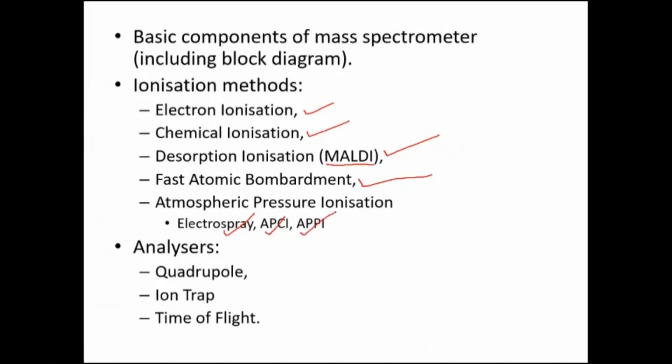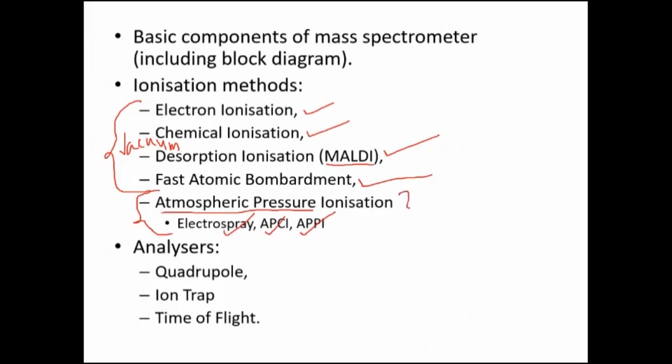pressure photoionization. See, why it is important to note that this is atmospheric pressure. All these four take place in vacuum. But these three methods are carried out at normal, that is atmospheric pressure. So why may this be important?